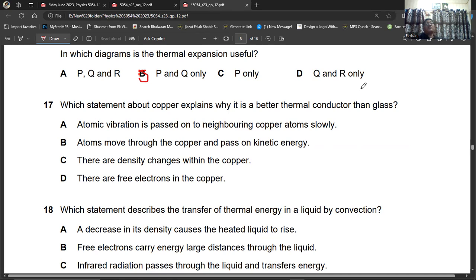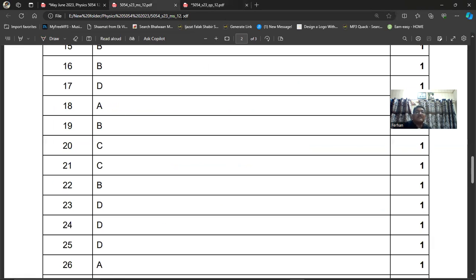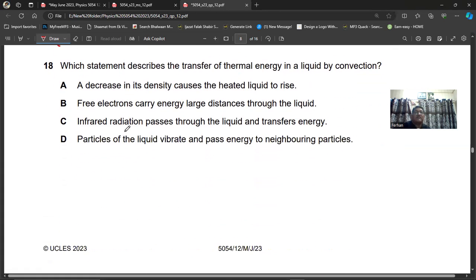Atomic vibration is passed on to the neighboring copper atoms slowly. No. Atoms move through the copper and pass on kinetic energy. No. There are density changes with the copper. No. There are free electrons in the copper. So I think D is the best option. Question number 17, D is the best option.